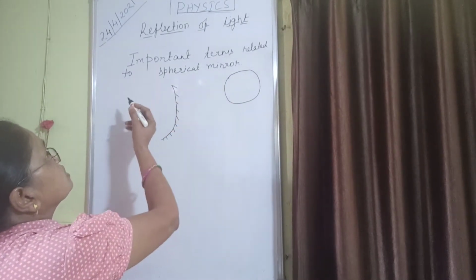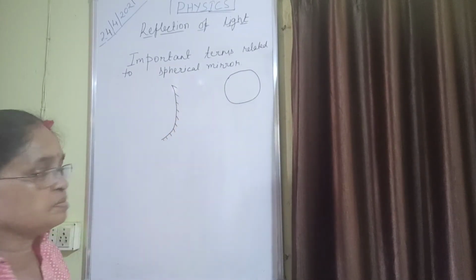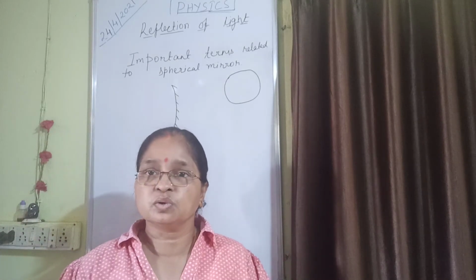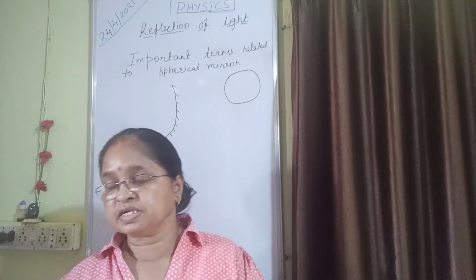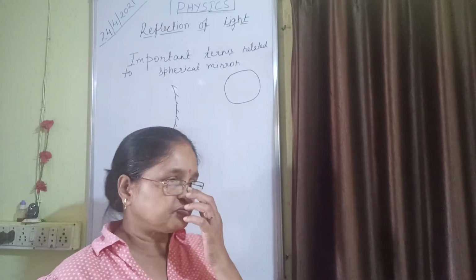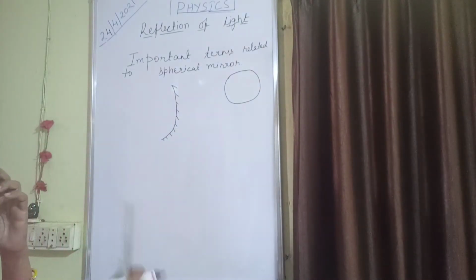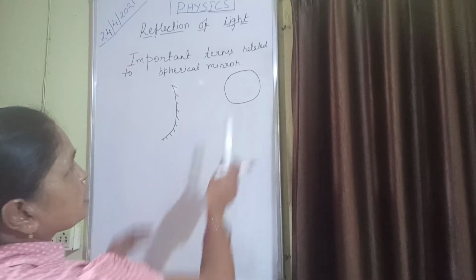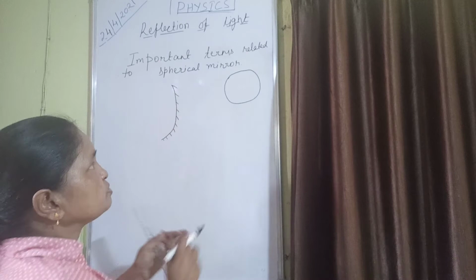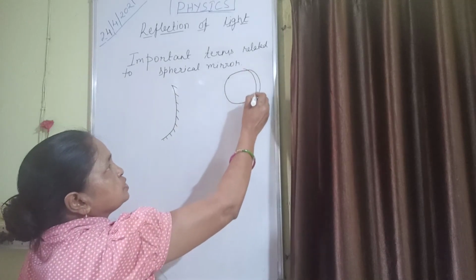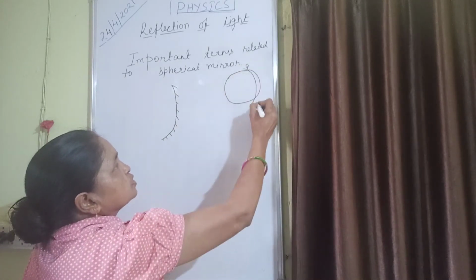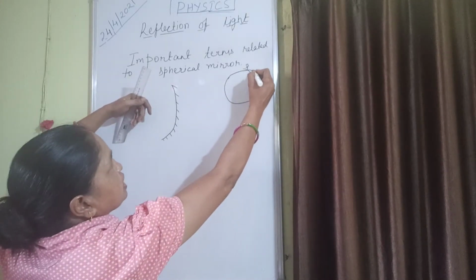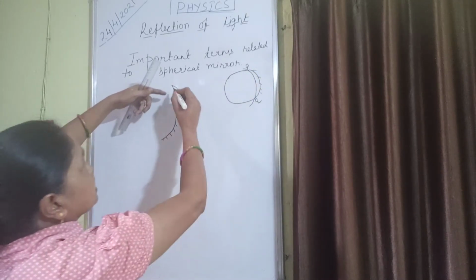Important terms related to spherical mirror. Now let us try to identify the different terms related to spherical mirror. First of all, I have shown you the sphere from which this mirror is made. This is PQ. I have drawn this one, and if you polish outwards, so I have polished.